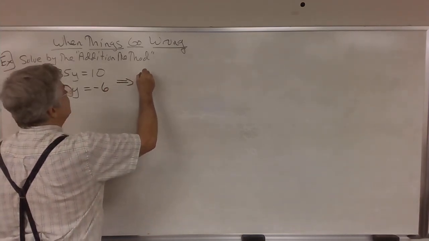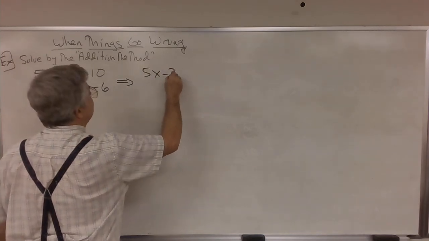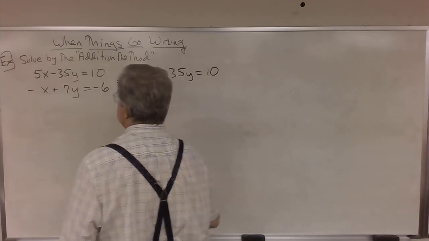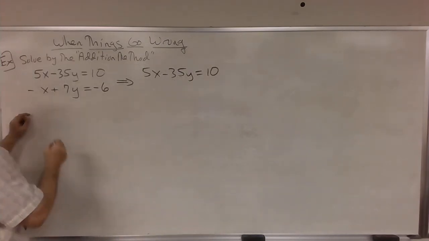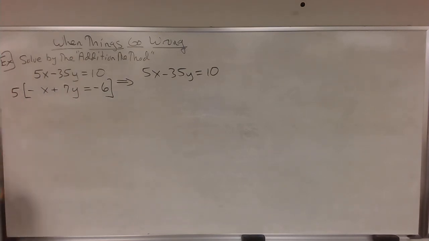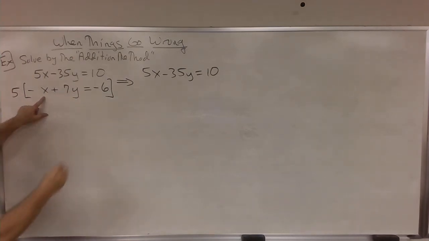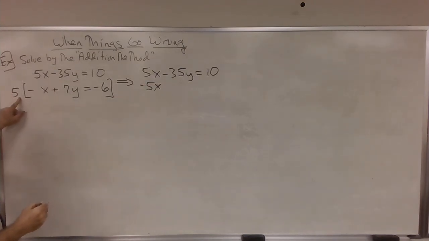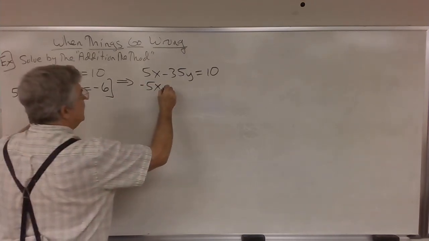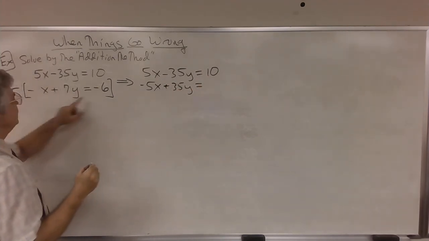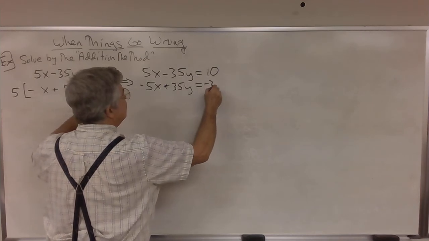I'm going to leave the first equation alone. And I'm going to multiply the second equation by 5. So I have negative 5x, good. 5 times 7 is 35y. And 5 times negative 6 is negative 30.